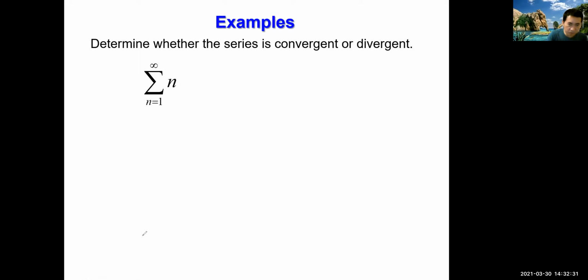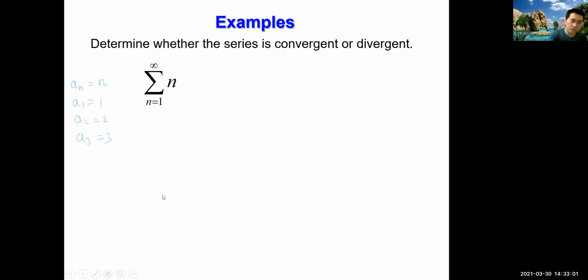So what's this a sub n? It's n. What's a1? It's 1. What's a2? It's 2. Plug in for a3. That's pretty much the simplest formula you'll see, just n.